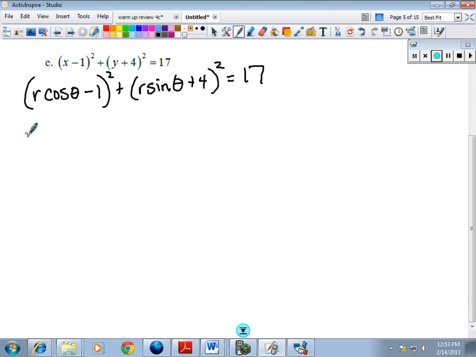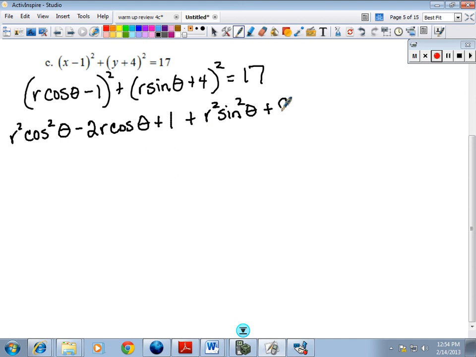When I fold this, I get square the first, double the product, so that'd be minus 1 of these, so double it, minus 2 of these, plus 1. Fold again, square the first, double the product, 4 times 2 would be 8, plus 16 equals 17. Let me double check myself. Looks good.